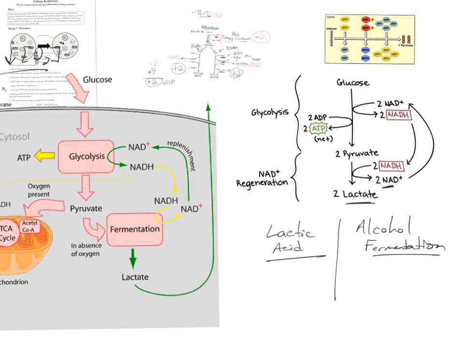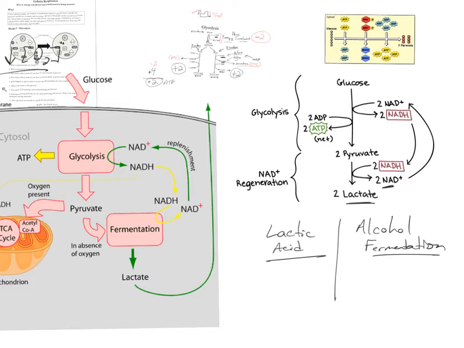Remember, without ATP, no cellular work is done. If there's no cellular work being done, we call that death. So we need to keep this ATP going, enough ATP to keep the cell running. Even if it's running low, it needs to keep running. So we need to make some ATP.